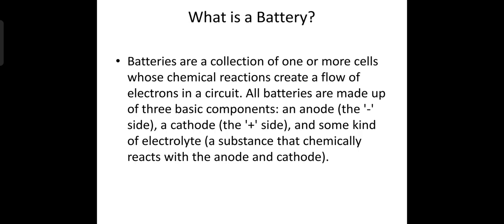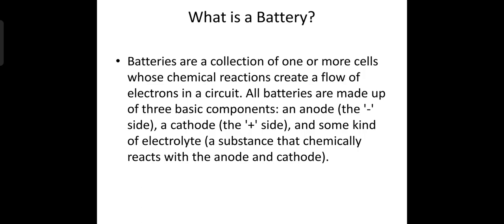Today we are going to discuss batteries. What is a battery? Batteries are a collection of one or more cells whose chemical reactions create a flow of electrons in a circuit.